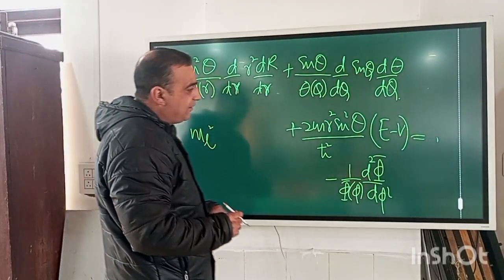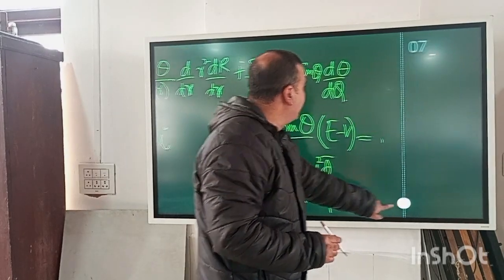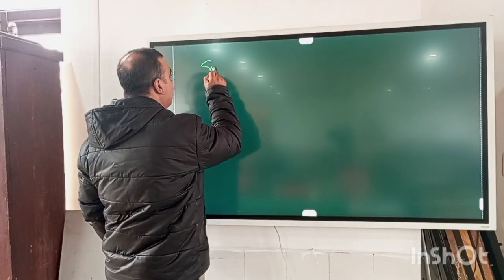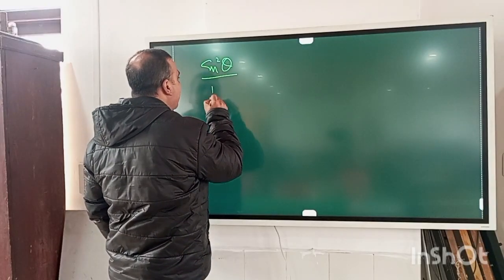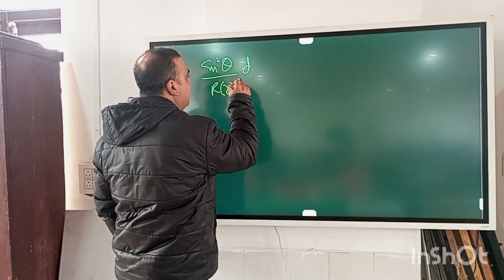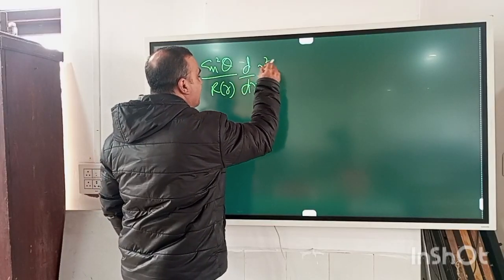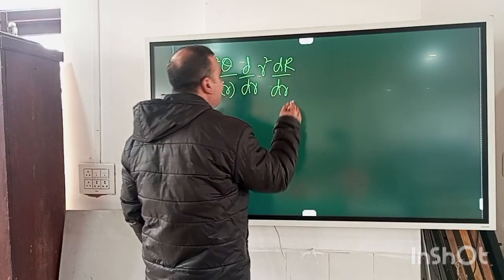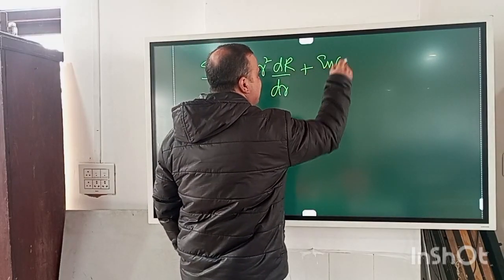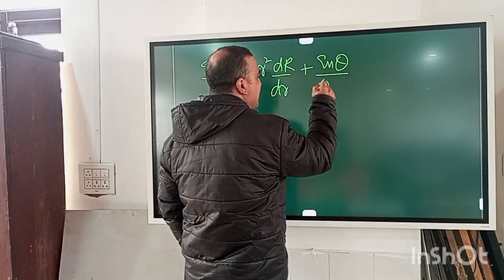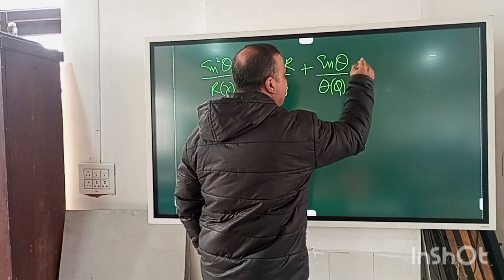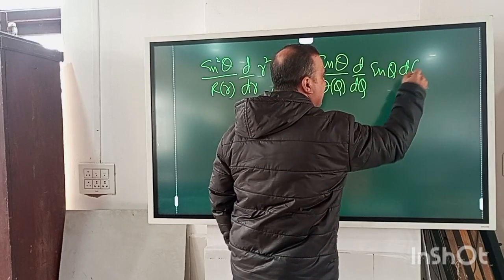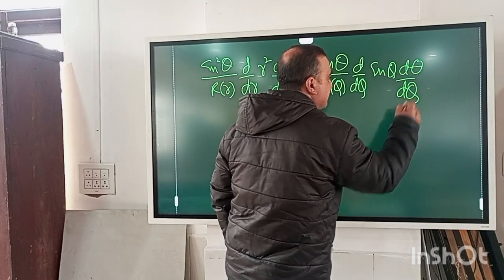So when I do that, what will I get? I will get two equations. The first one is sine square theta by r of r, then d by dr of r square dr by dr, and then plus sine theta by theta of theta, d by d theta, then sine theta d theta by d theta.